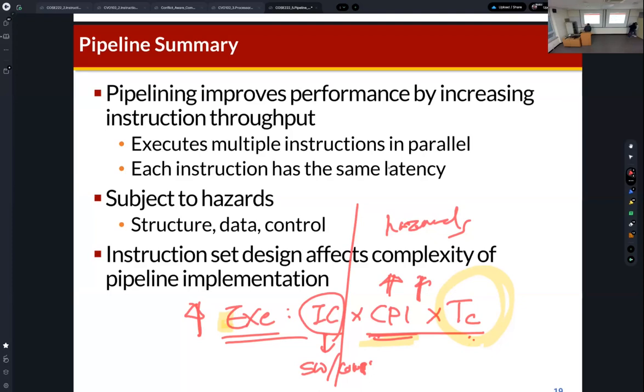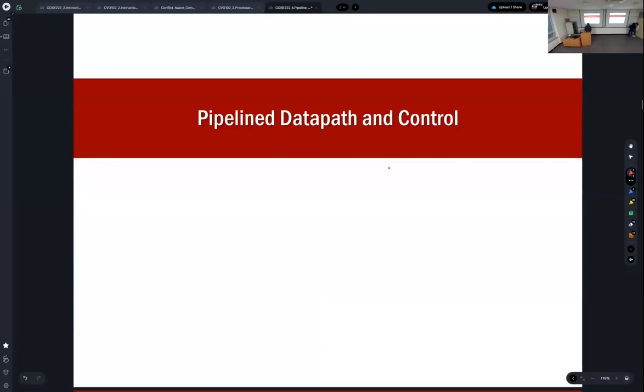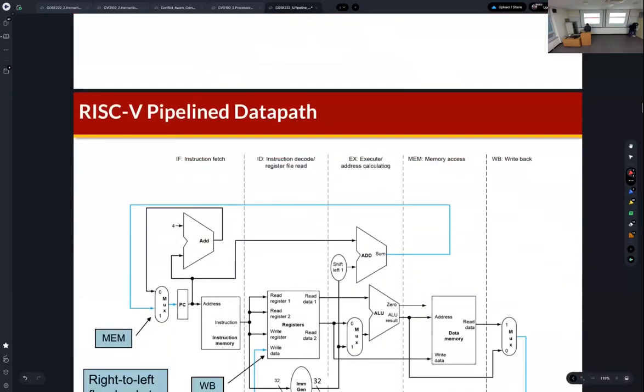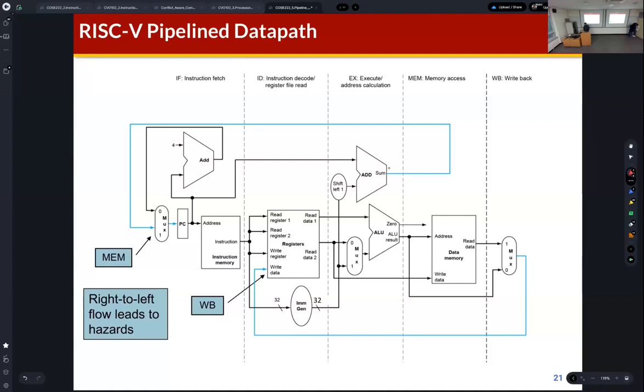Now I will explain how to design a pipelined architecture or pipelined processor. We can start from the single cycle processor, because the single cycle processor is the complete processor design.